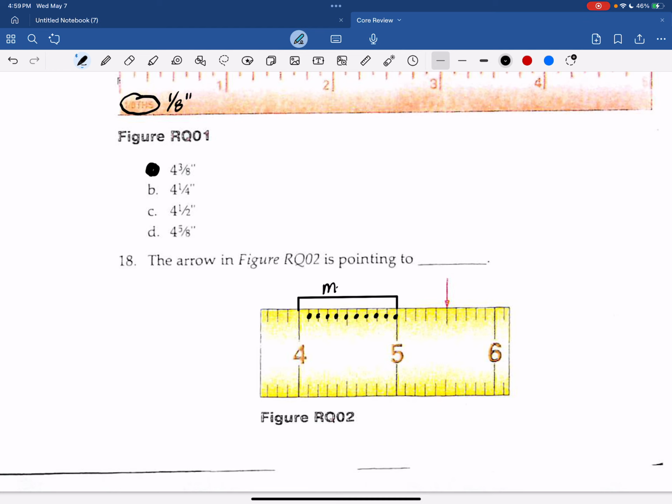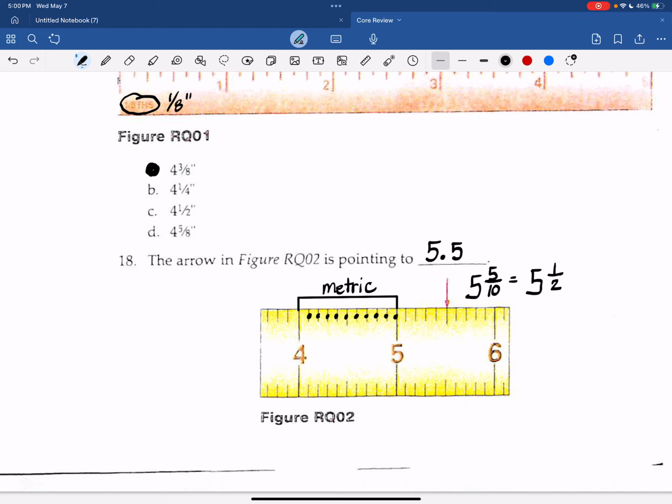This is a metric ruler. So I'm guessing we're looking at centimeters, and each of those little dots would be a millimeter. So we're at 5 and 5/10, which is the same as 5 and 1/2. And since it's metric, they're probably going to want you to use decimal because it's in tenths.